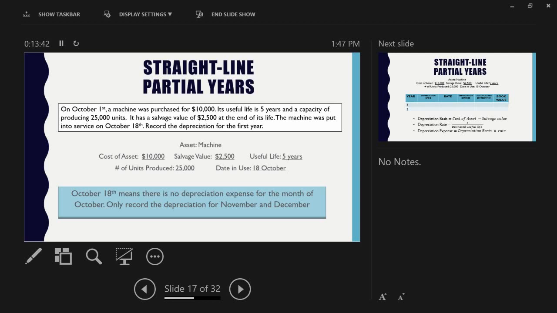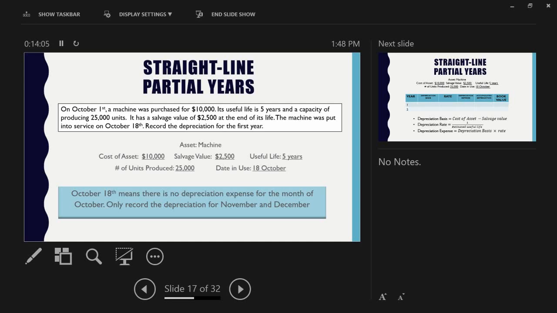So here we're looking at straight line partial years. It's going to be the same concept, except this time we need to recognize that we put the asset into service on October 18th. So let's look at this problem. On October 1st, you purchased a machine for $10,000.